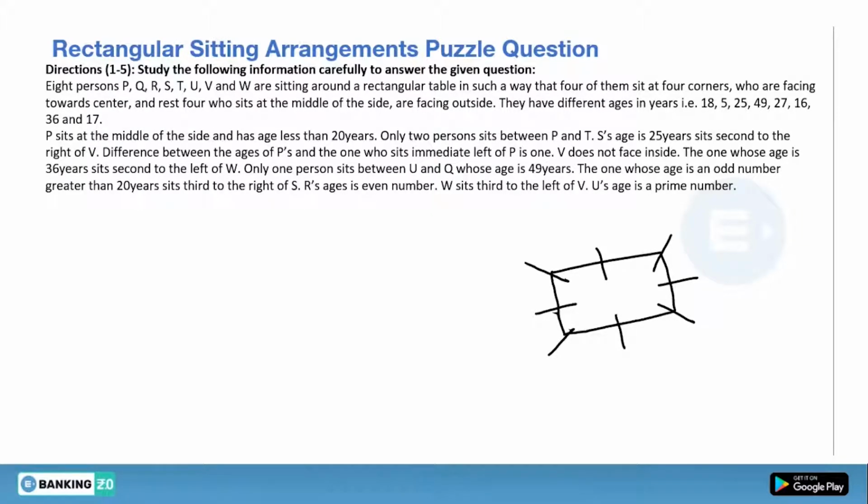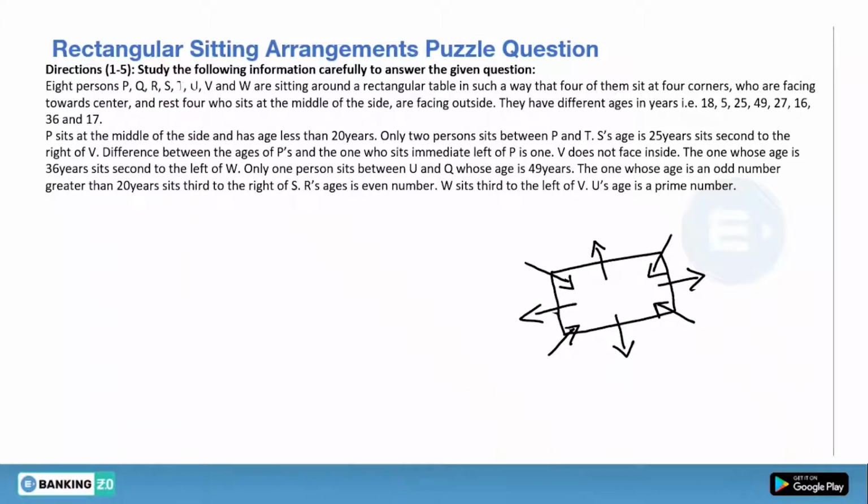Now, the ones who are facing the center are sitting at the corners. It is mentioned. So the corner persons are all facing the center, and we have to make arrows like this. And the rest 4 who sit at the middle are facing outside.